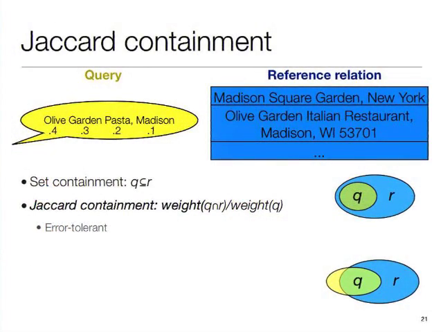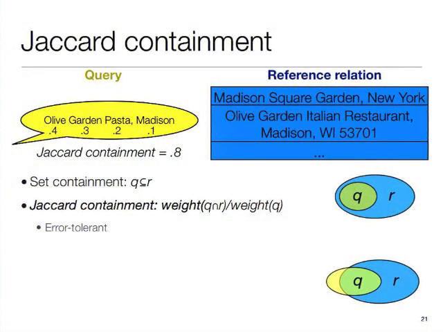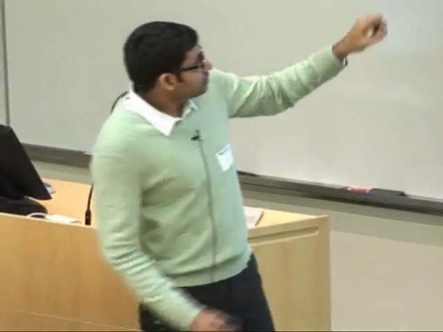Now Jaccard containment is defined as what fraction of the query is covered by the record. Think of, in this case, the word pasta is not in the record Olive Garden. So the total weight, these are not probabilities, although they sum to 1 for convenience, and 0.8 is in the record. So 0.8 fraction of the query is covered by this record. Hence the Jaccard containment is 0.8.